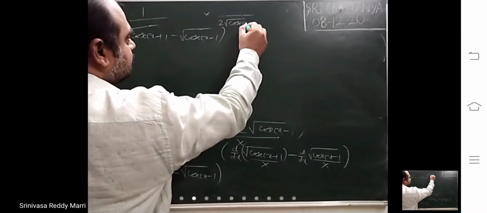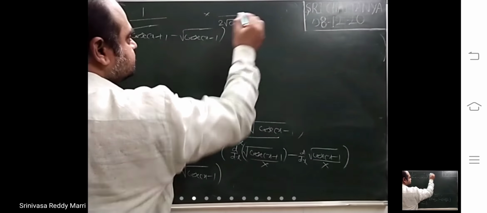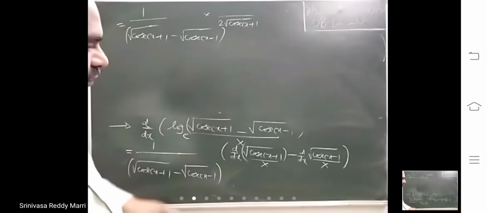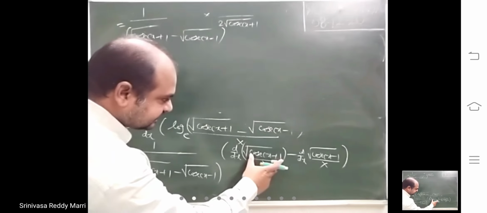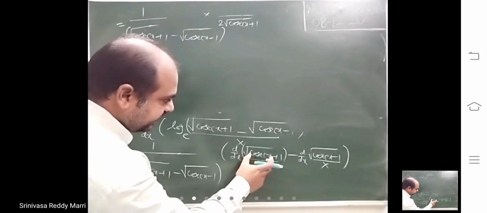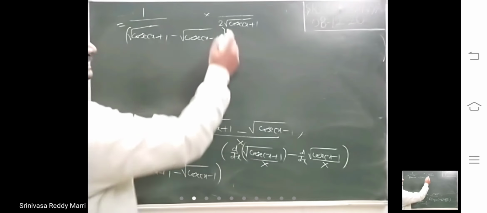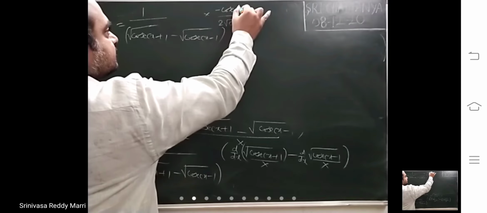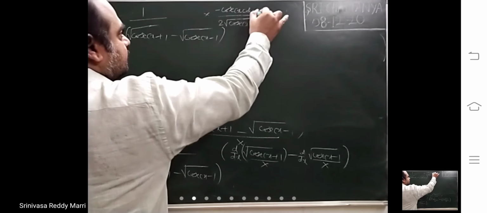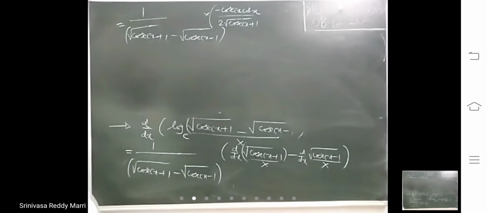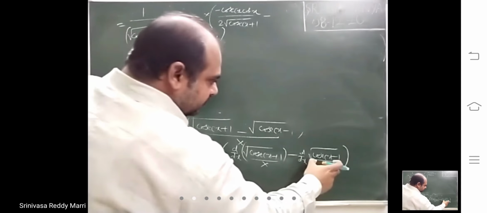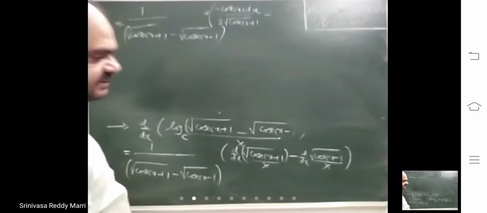Root cosecant x plus 1: 1 by 2 root of cosecant x plus 1, again you have to do it for x. That means d by dx of cosecant x, minus cosecant x cot x. This plus 1 means d by dx of 1, 0. So minus root x, where x is cosecant x minus 1.